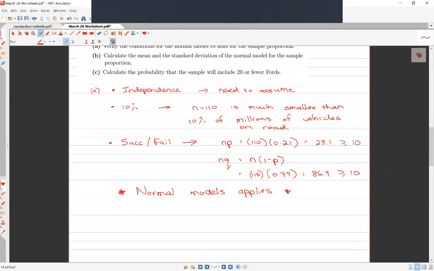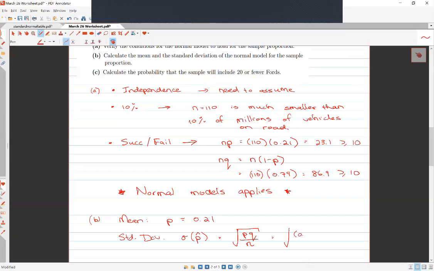Now, next, we want to calculate the mean and the standard deviation for the normal model. The mean is always going to be P, the population proportion. And the standard deviation, that's the sigma quantity. That formula is always the square root of P times Q over n.